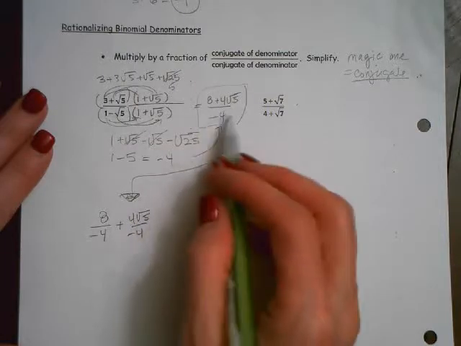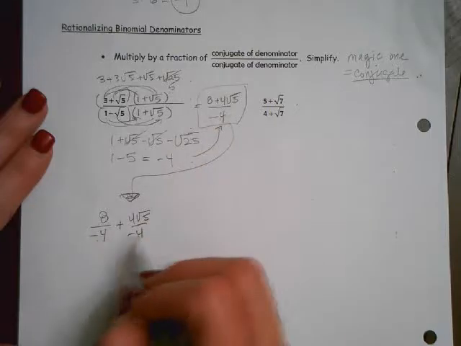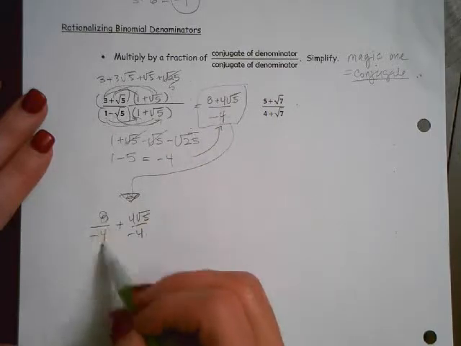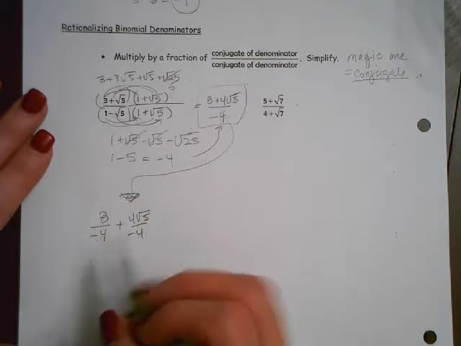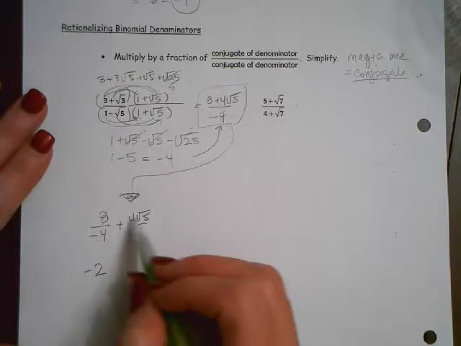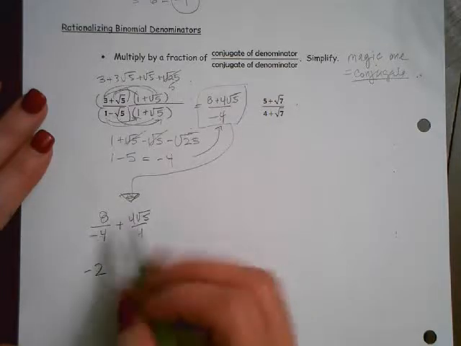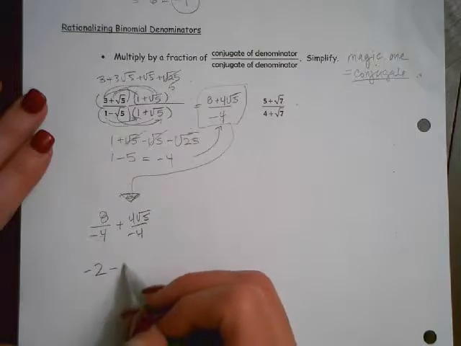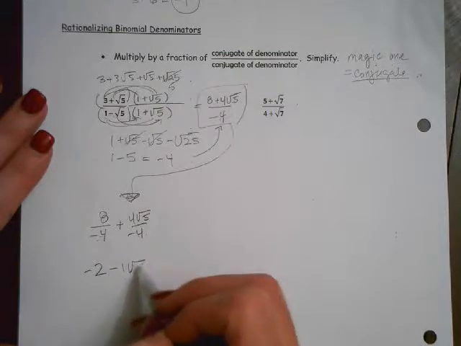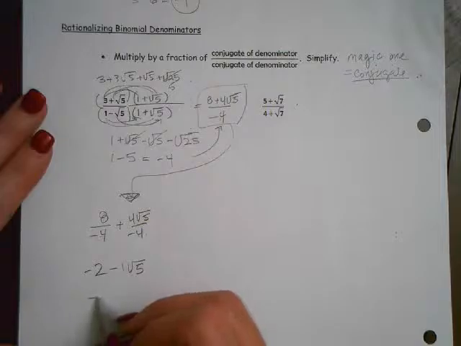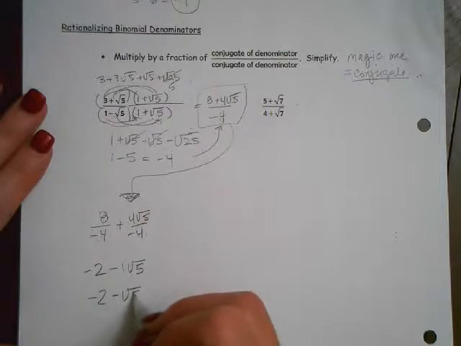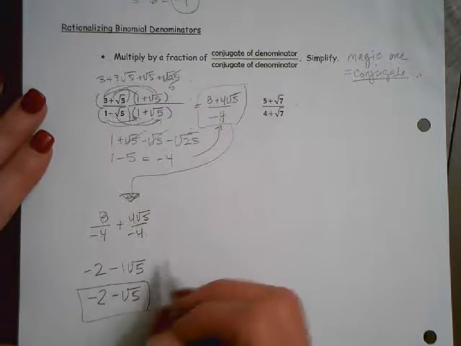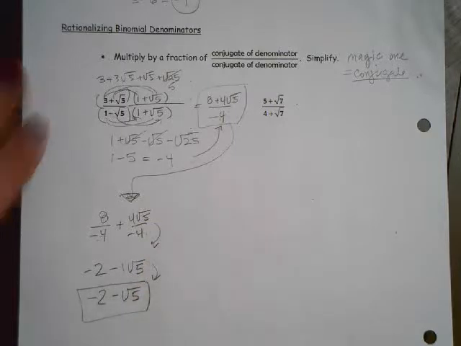So I've just taken that negative 4 and put it over each one. I can reduce this with 8 divided by negative 4, that's negative 2. And then what's 4 divided by negative 4? That's a minus 1 square roots of 5. So then really it's negative 2 minus square roots of 5 in your final form. Okay, so you can go down to each one of these. It's kind of like a reduction.